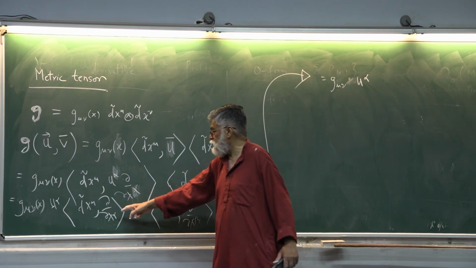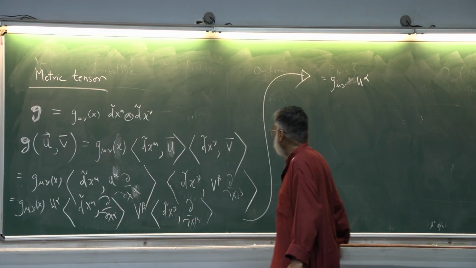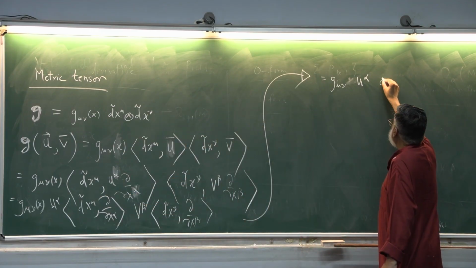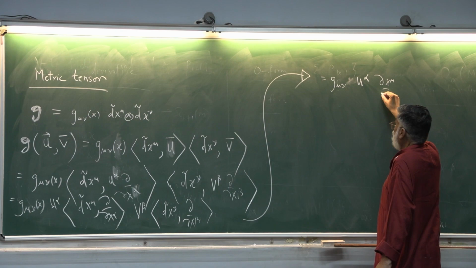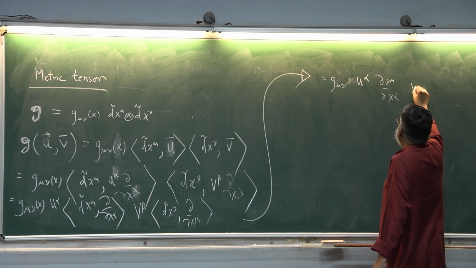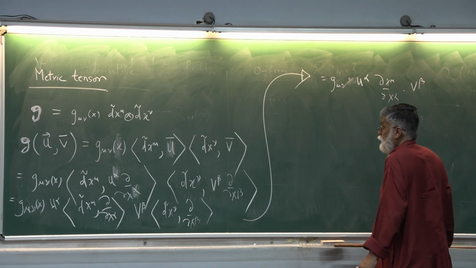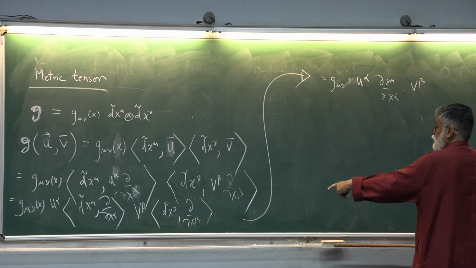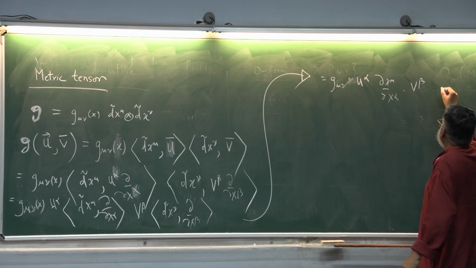Dx mu del x mu is simply del x mu by del x alpha. Del x mu by del x alpha multiplied by v of beta dx nu del x nu by del x beta.